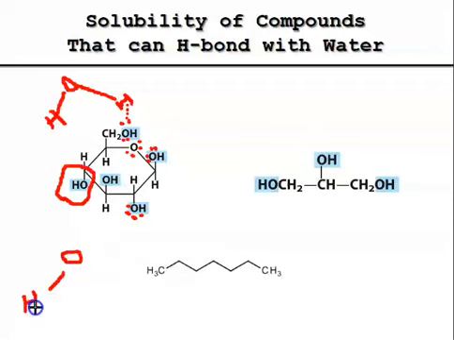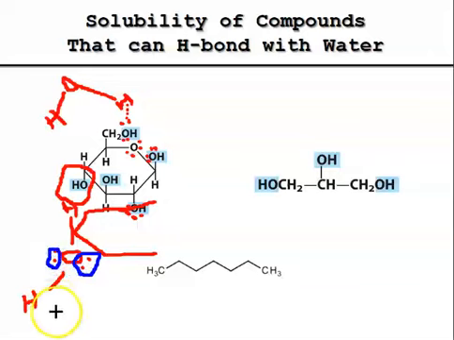This is a polar covalent bond, and then up here we would have the hydrogen on the ring, and here we would have the rest of the ring. Now, we have on that oxygen non-bonding pairs of electrons. Each non-bonding pair of electrons can form a hydrogen bond with water, so we have potential for 2 hydrogen bonds here.